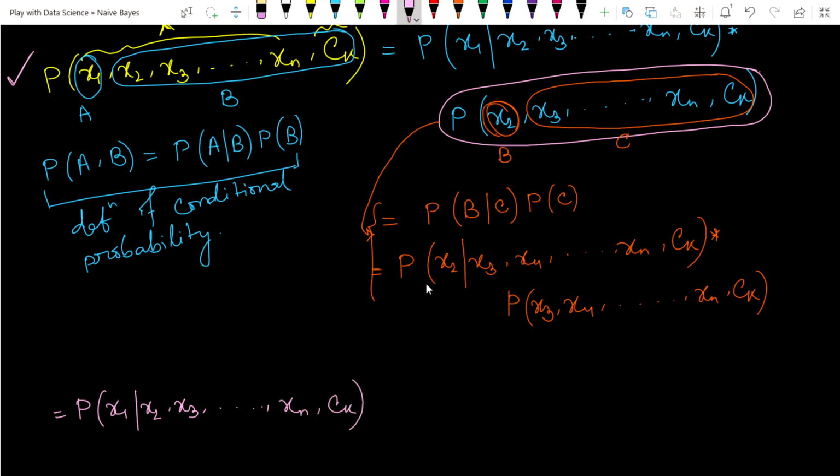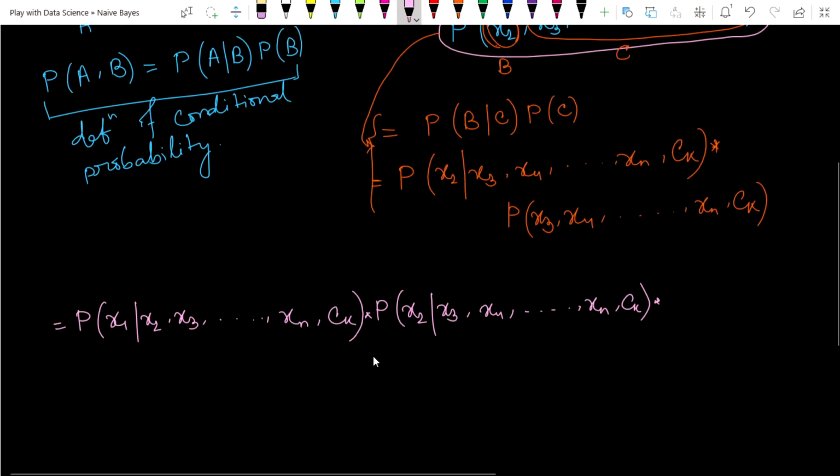Now this one means this thing into x2 given x3, ck, into the probability of x3, x4, xn, ck.